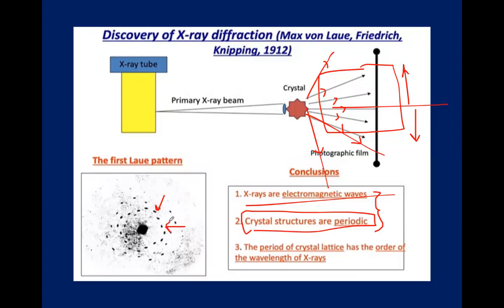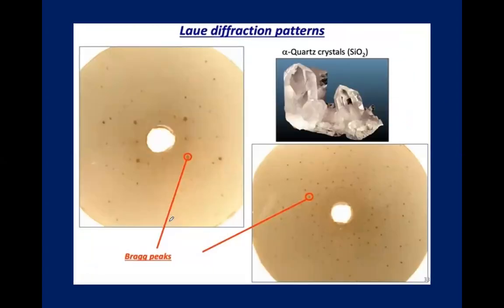This is the pattern. You can see again some damage on a plate caused by X-rays, but still they are very systematic, very beautifully distributed. So that indicates the internal arrangement of crystals is very systematic.